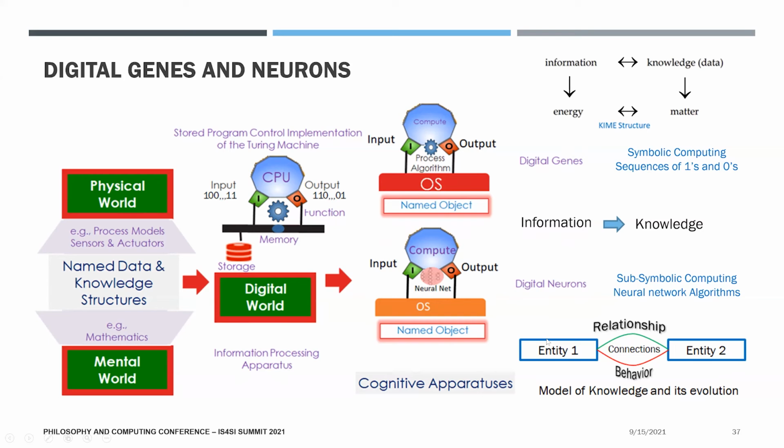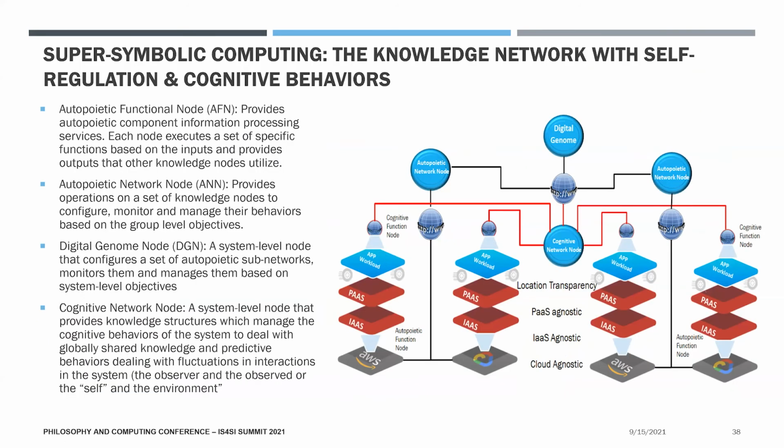Now, what we want to do is take these knowledge structures and implement a higher level super symbolic architecture so that we can provide autopoietic and cognitive behaviors in our IT architectures. Here is an application where we take multiple clouds, multiple infrastructure and multiple platform as a service, like databases.